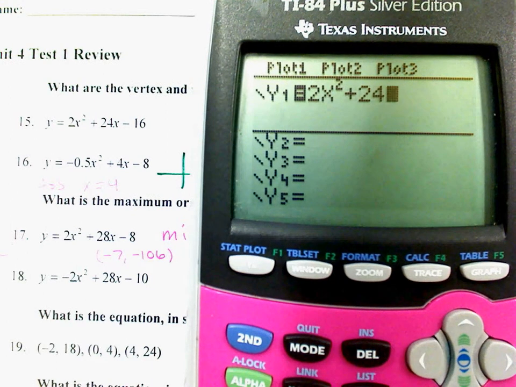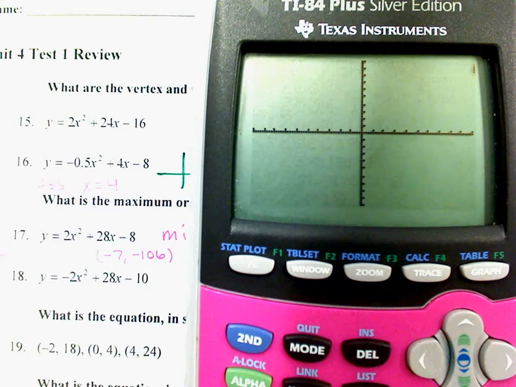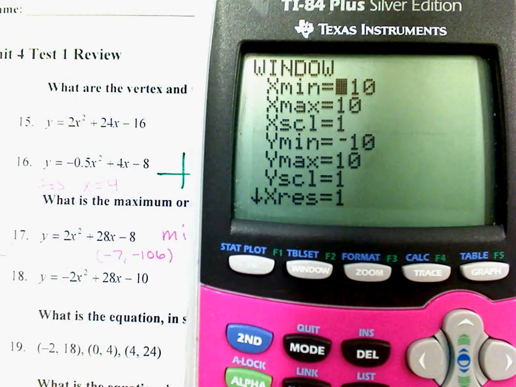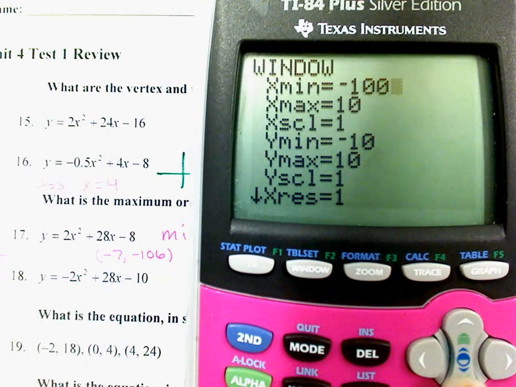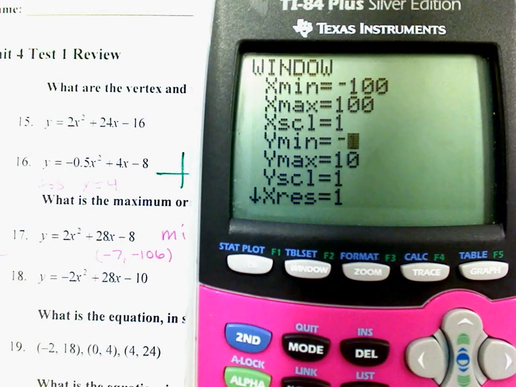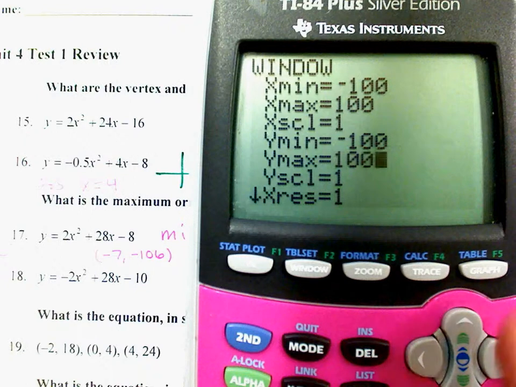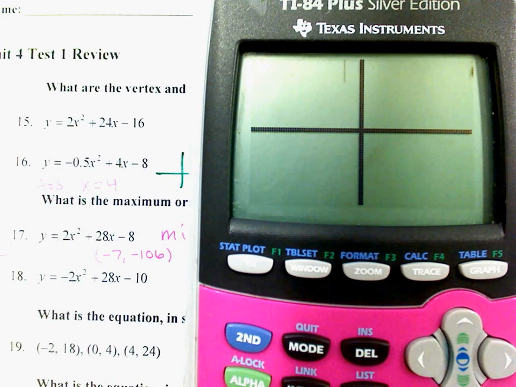And now, guys, normally I go zoom 6. But if I can't see it, then, zoom 6 is negative 10, 10, right? Something you could do is just go negative 100, 100, and see if you can see it, and we can zoom in from there, okay? So I'm going to go negative 100, 100. And I actually see it, right? I don't need to go that far out, do I?